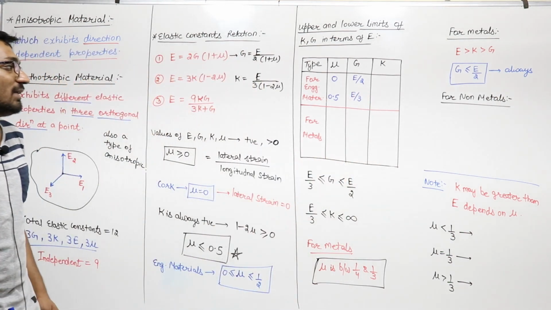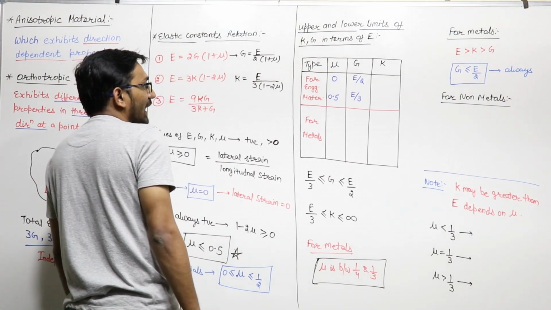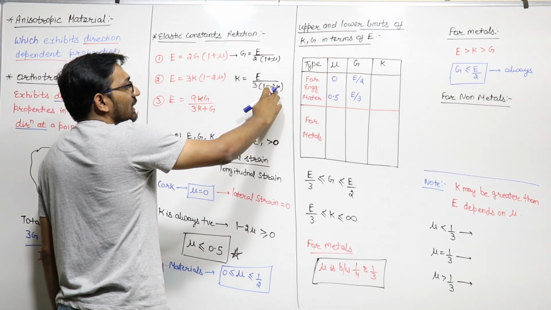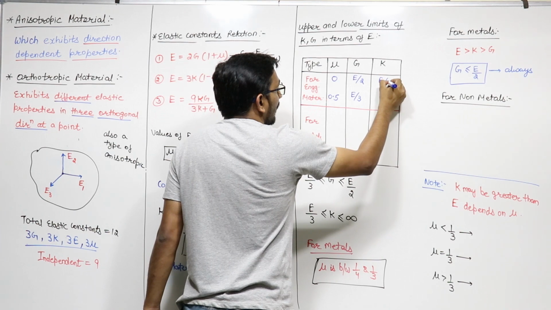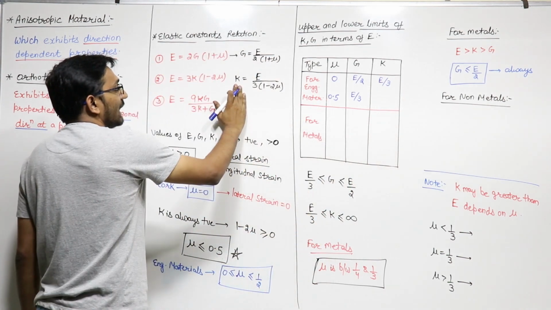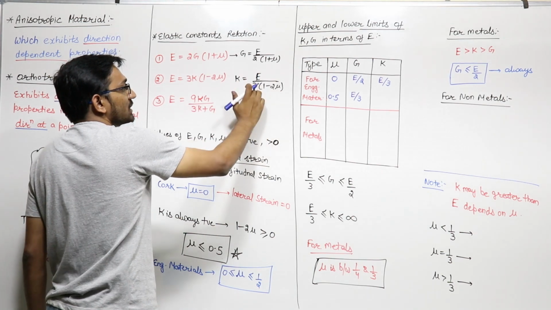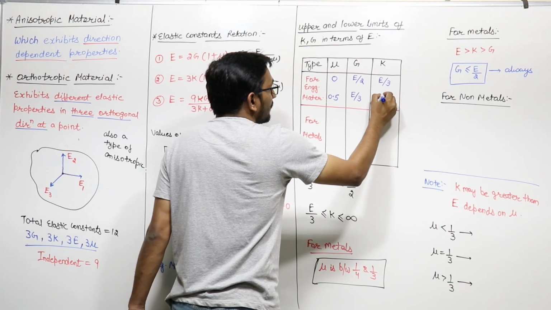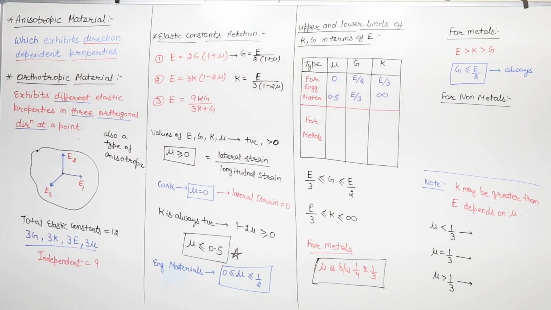If you want to find the value of K, if you put mu as 0 here, the value of K will be E by 3, and if you put mu as 0.5 here, this denominator will be 0, so E by 0 is infinity.